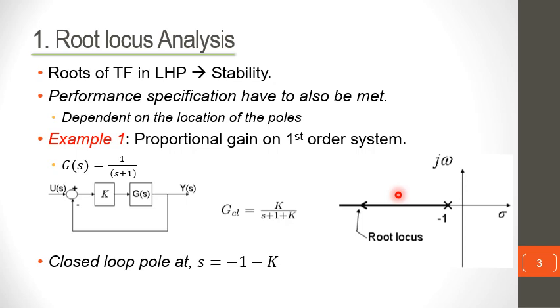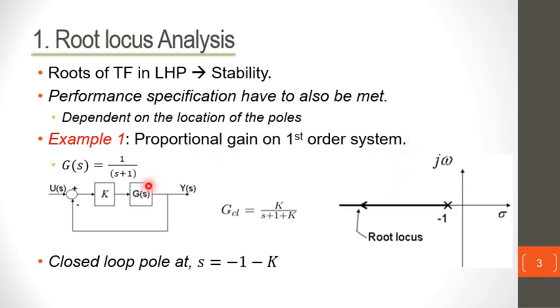We have also got the appreciation that these performance specifications are dependent on the location of the poles in particular, as well as affected by the location of the zeros within your S-plane. So the root locus would be used as a method of analyzing these locations and seeing what happens for different setups of the feedback control system.